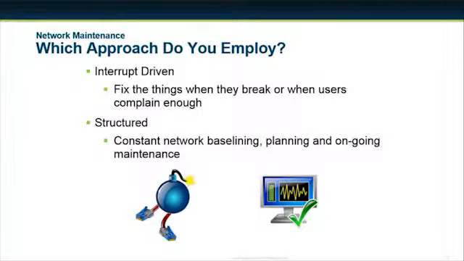However, how does that help any of your colleagues or teammates or the organization to understand what happened in the first place, and how can we evolve to make sure it doesn't happen again? And that's by using option B here, which is the structured approach. And that means constant network baselining, planning, and also ongoing maintenance. So structured approach, being methodical.